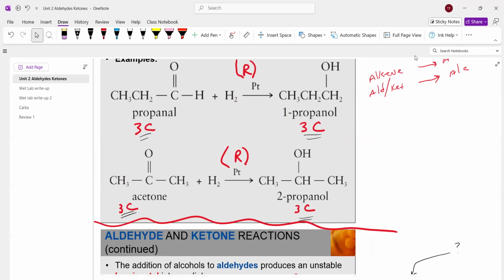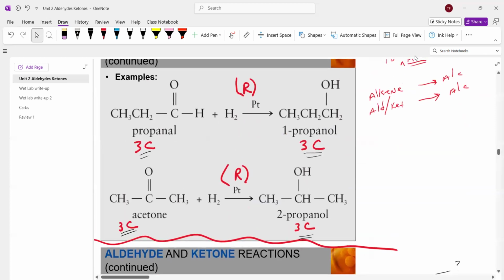So, for example, we have propanal, a 3-carbon aldehyde. In a hydrogen atmosphere, and when I say hydrogen atmosphere, that's like bubbling it through, we're going to end up with the primary alcohol, 1-propanol.